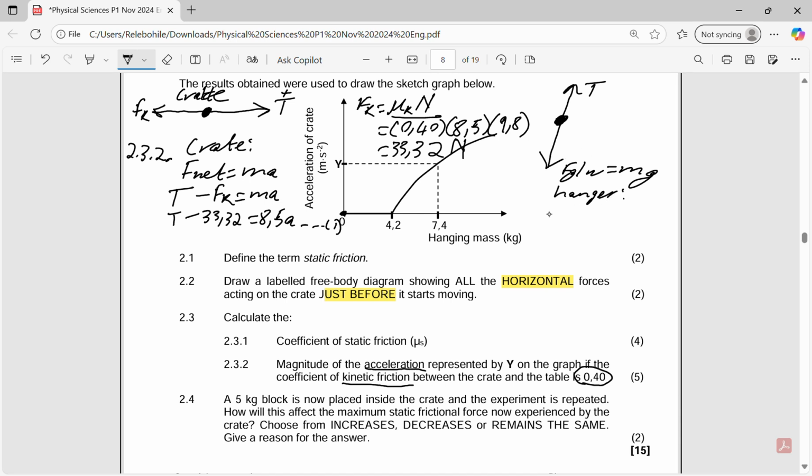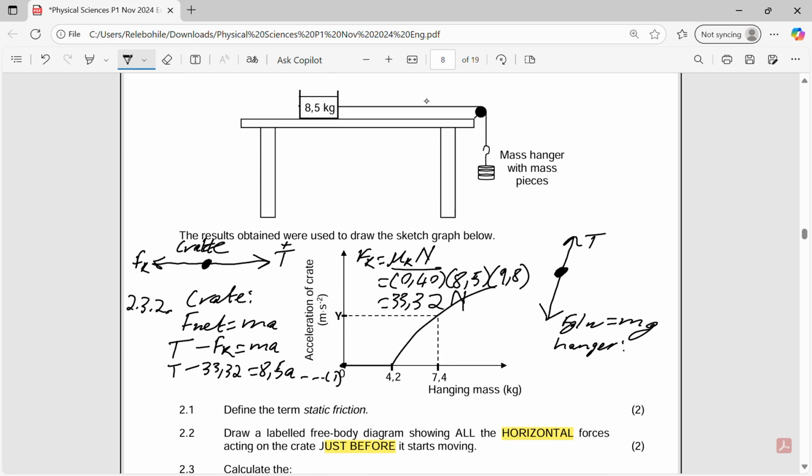For hanger, guys, I still have two forces there, but remember my object is moving. Let me just go to the diagram. We are assuming that our object is moving this way, and this direction is the right. If our direction to the right is positive, then because of our tension, this object is being pulled by this one, and this one is being pulled by this one.